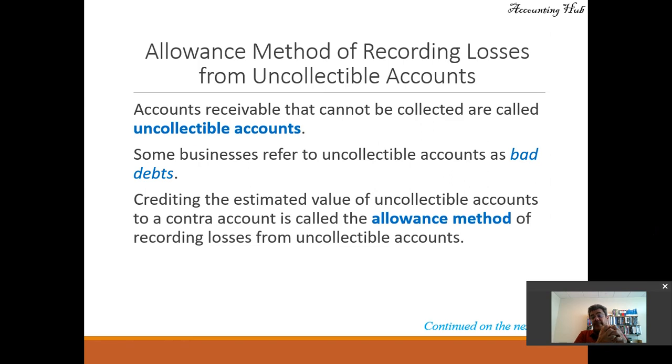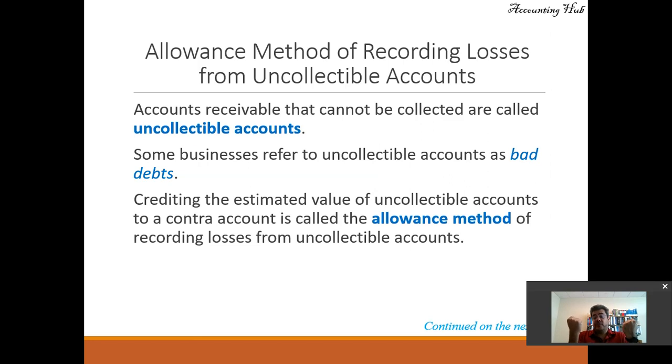So we estimate the amount that we will not be able to collect, usually based on previous numbers, and we credit it. Instead of crediting it to accounts receivable, because that doesn't happen yet, we credit it to a contra account called allowance for uncollectible accounts.